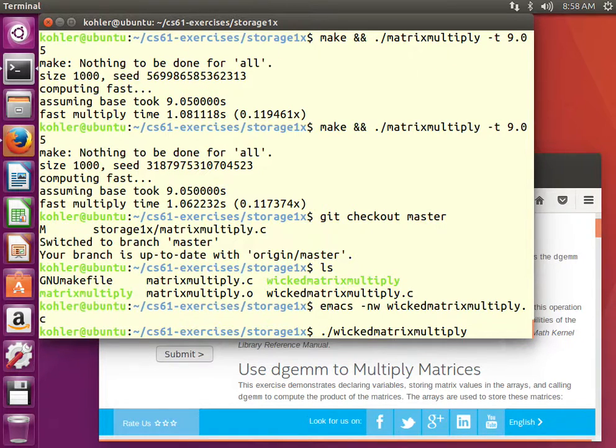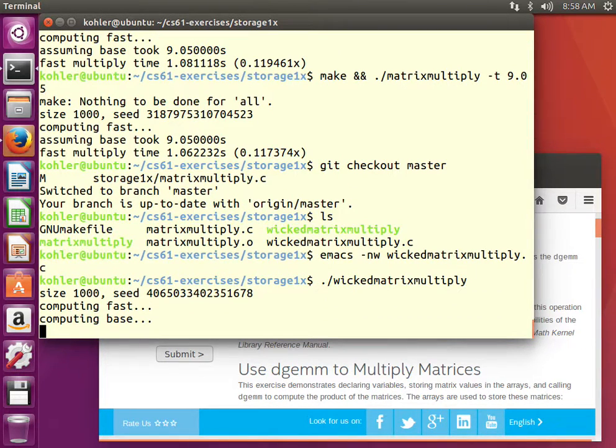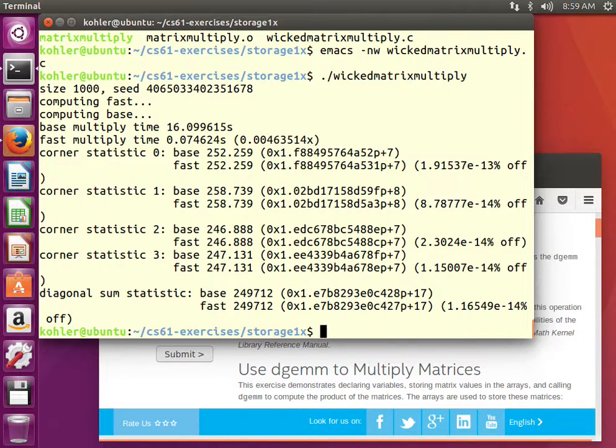If we look at how fast wicked matrix multiply performs, it performs far faster than our magical sort of the indexes. However, there is a cost that we pay, which is precision. Wicked matrix multiply doesn't give us the exact same result. It's very close.